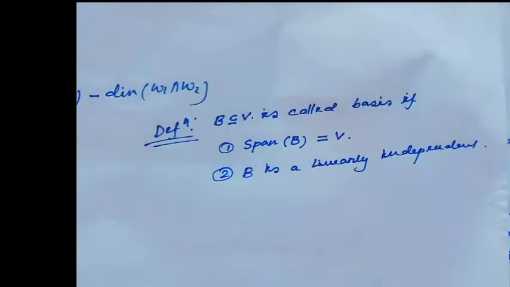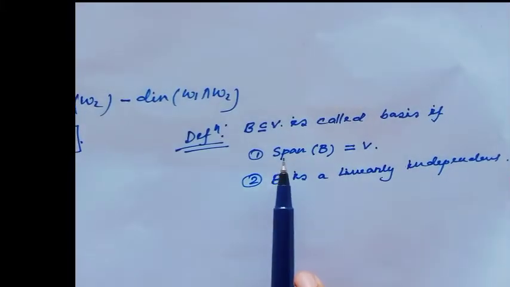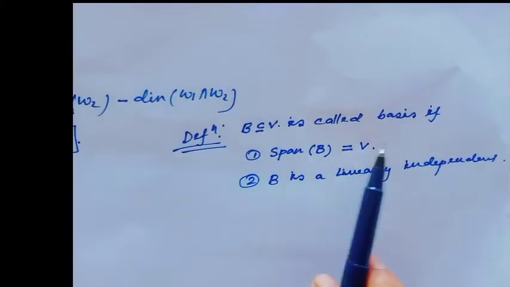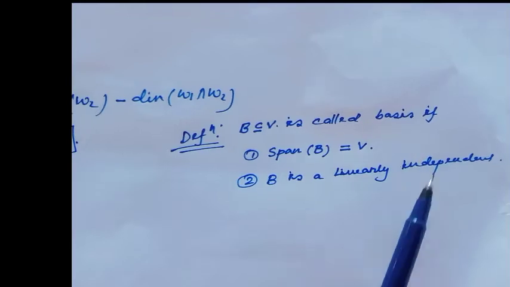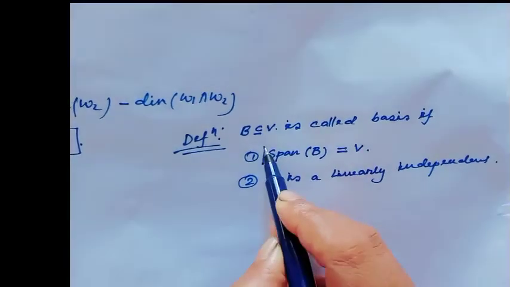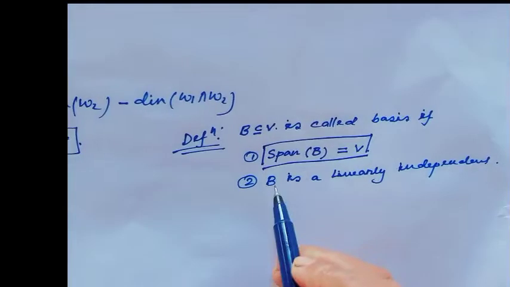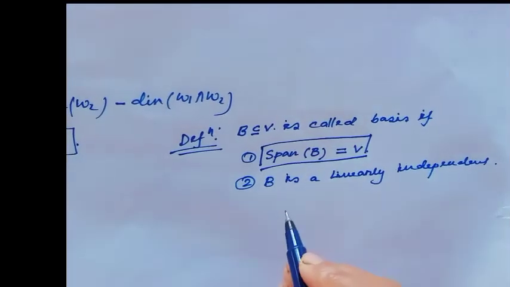And the idea of the basis: a subset B of the vector space is called a basis if span of B equals the whole vector space and this subset B is linearly independent.